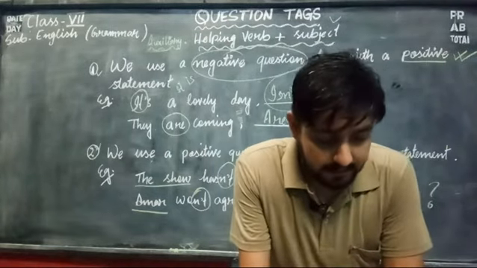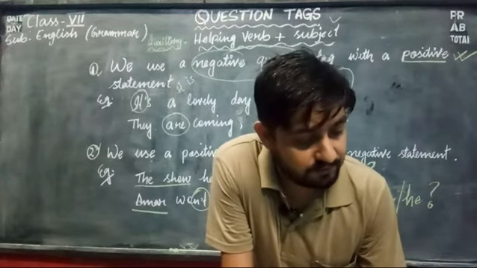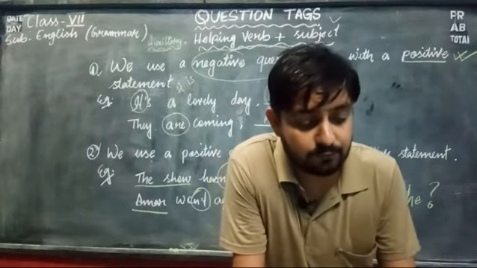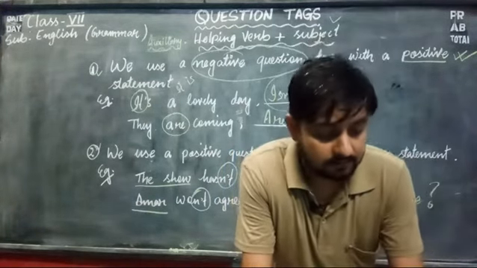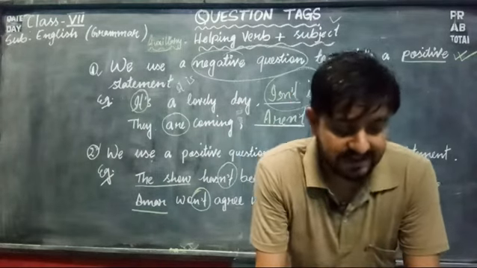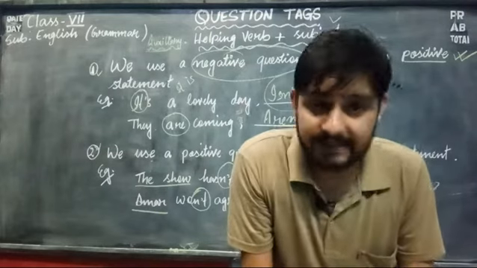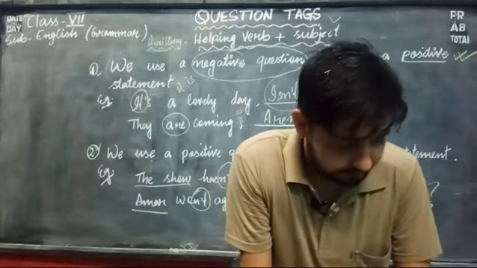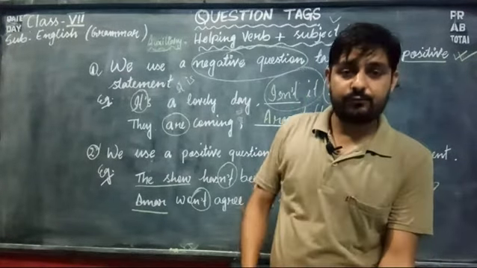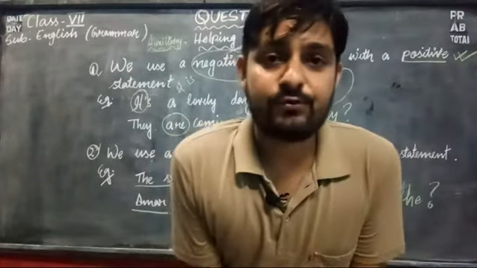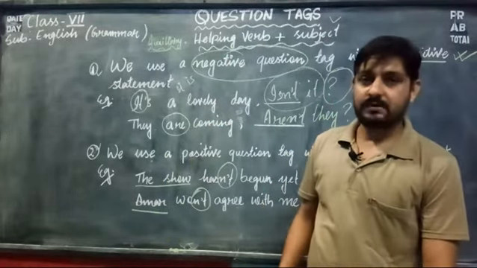First one is matching. Then second one, find out the correct question tags. Then the third one, question number L, is rewrite the sentences with positive and negative question tags. One sentence is given, then you have to write it using the positive question tag and the negative question tag. You have to make two sentences for each question in question number L.